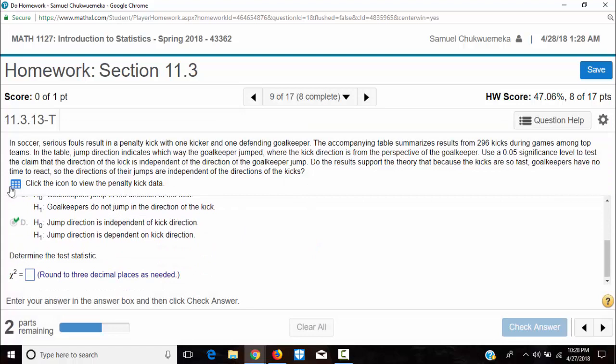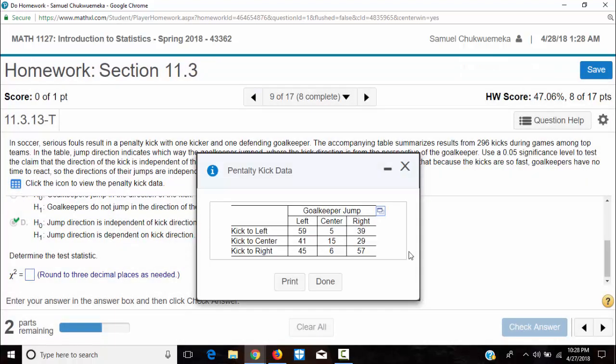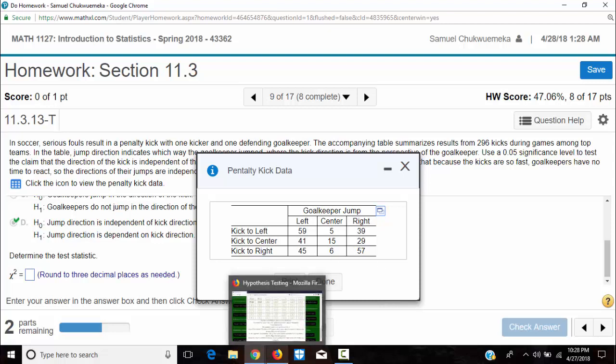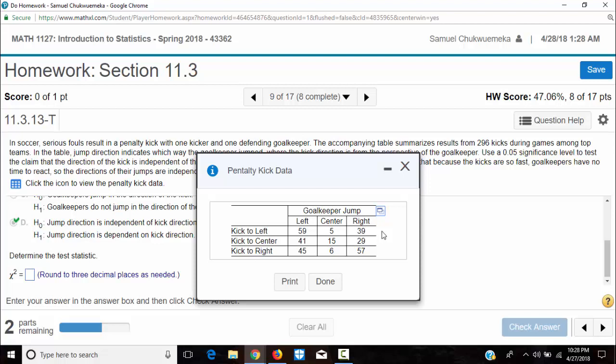Let's see the table. This is a 3 by 3 contingency table. It's still 2 variables, but it's 3 rows by 3 columns.